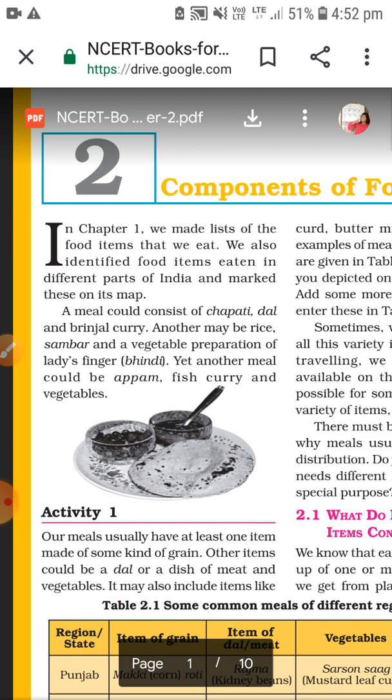And another may be rice, sambar, and a vegetable preparation of lady finger, that is also called भिंडी and okra also.